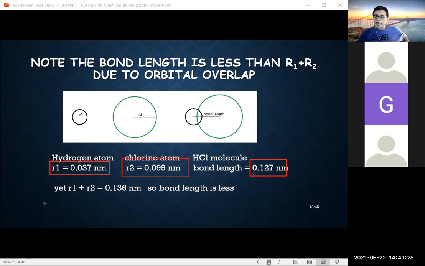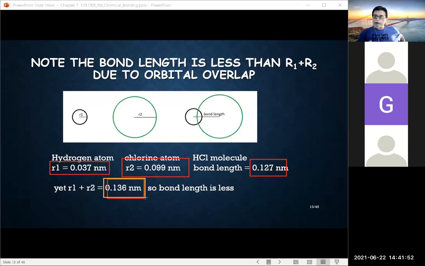However, it turns out that that's not the case. This is the sum, excuse me, I gave you the wrong number. The 0.136 nanometers, this one right here in yellow is the sum of the two radii of the hydrogen atom and the chlorine atom, okay?